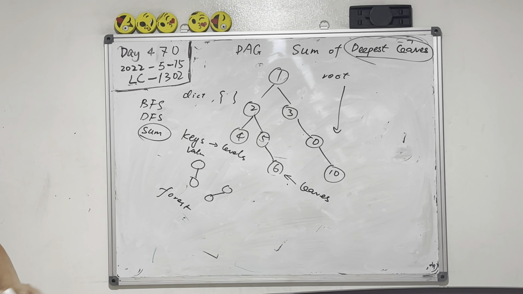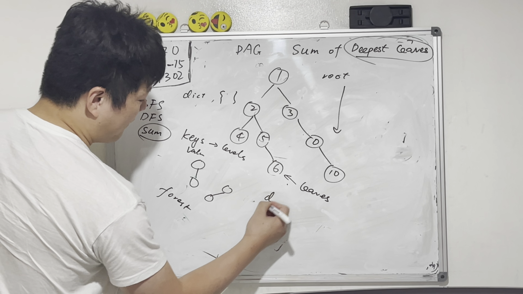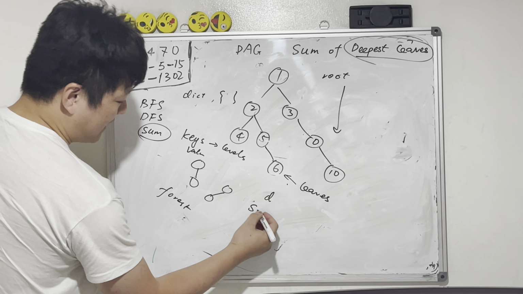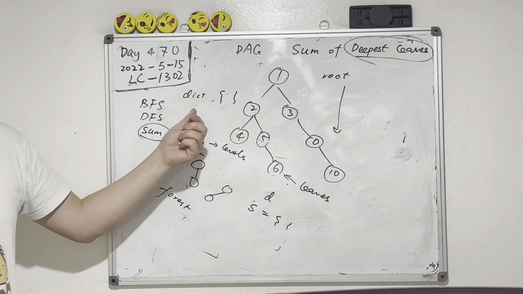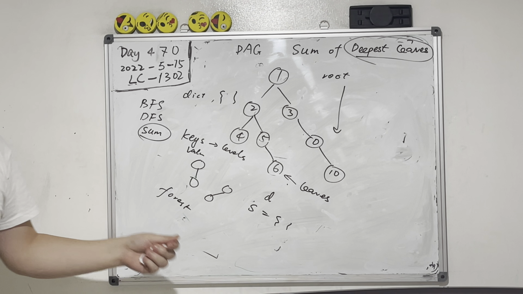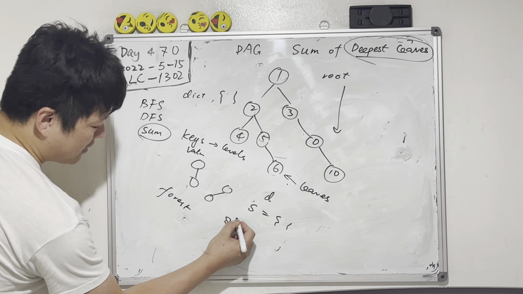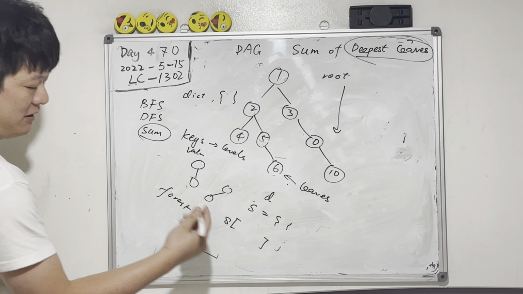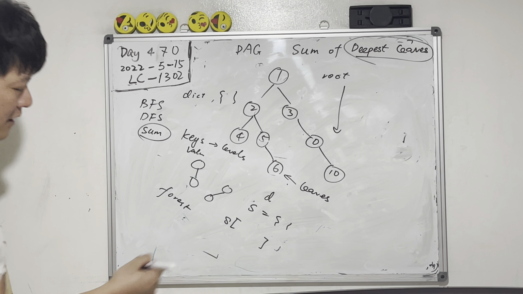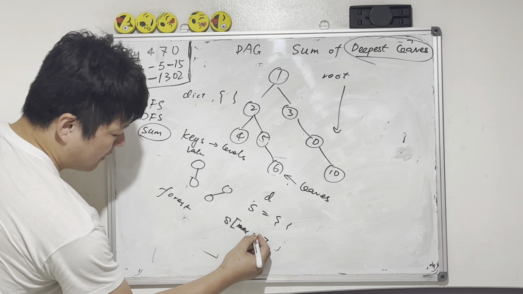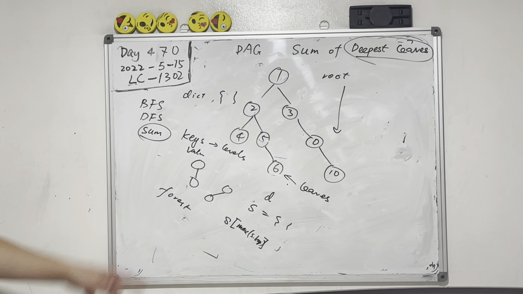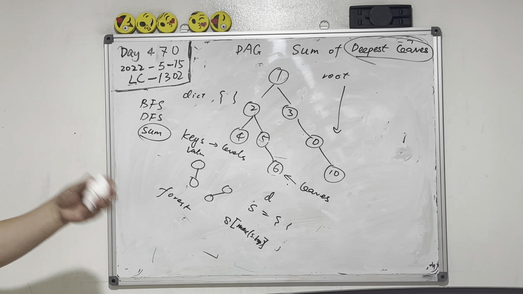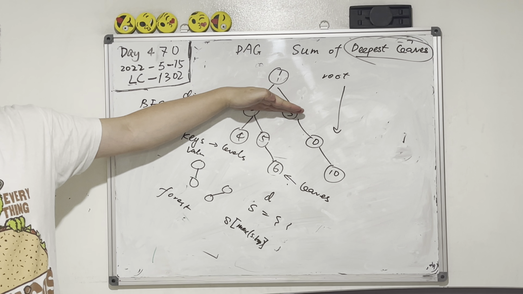Then we just need to return the sum at the maximum level, because it says the deepest, so it will be the sum at max of s dot keys. Easy. So I think depth search is easier to implement.